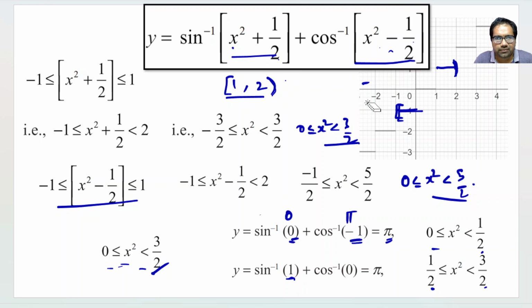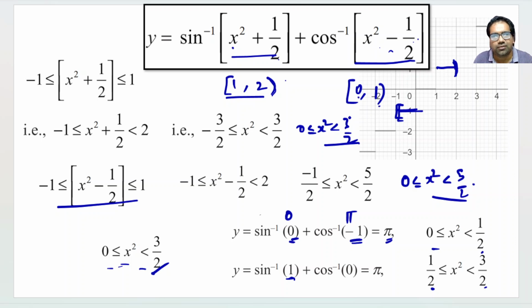Similarly, this one, x squared minus half, is lying between half minus half, which is 0, and 3 by 2 minus half, which is 1, open bracket. It is not equal to, it should be less than 3 by 2.